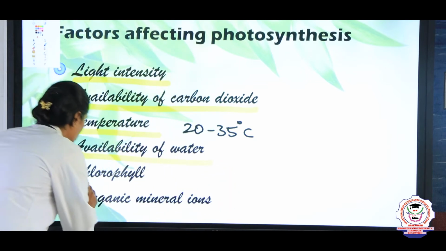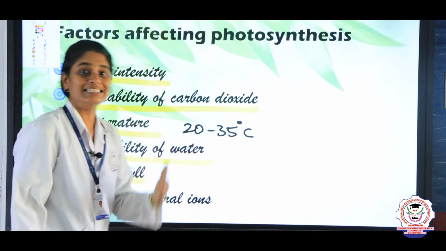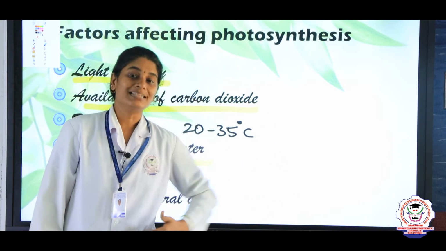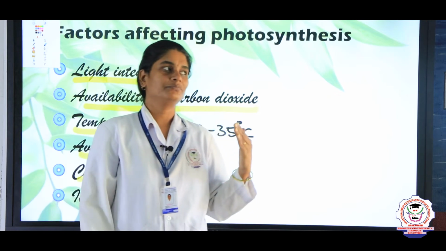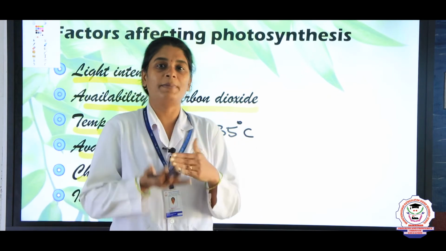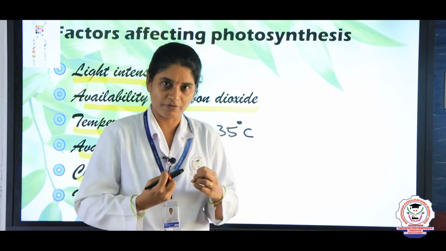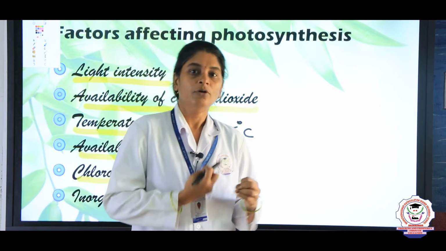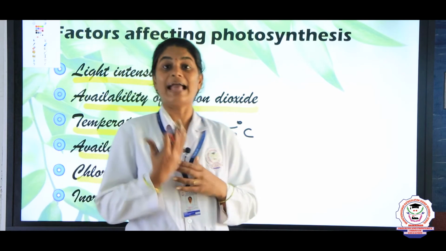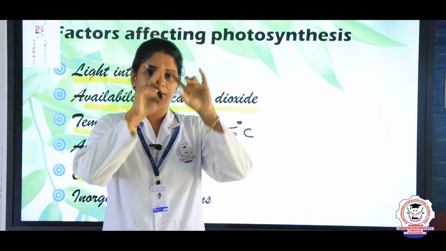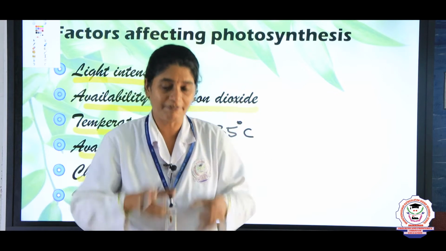So, next one, chlorophyll. Chlorophyll is a green substance that is present inside the leaves, right. Some plants absorb the sunlight with the help of chlorophyll which is present in the stem also, right. We can see this in cactus. In a cactus plant, the green part is actually not a leaf, it is a stem.